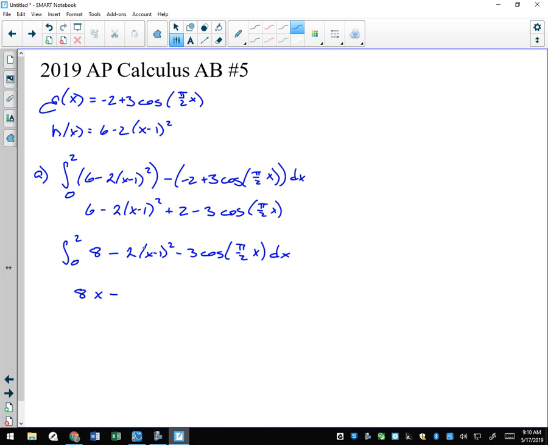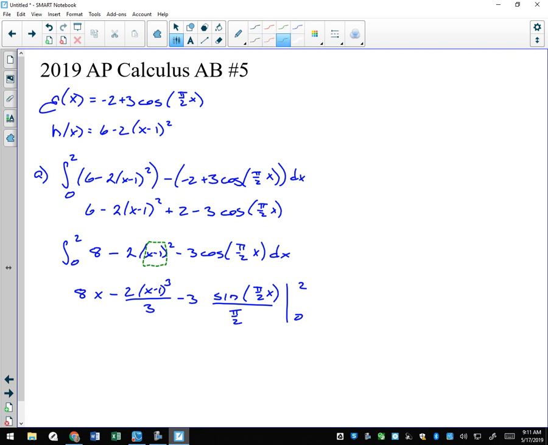This next piece is technically a u substitution where you would let u equal x minus 1, but if your du is 1, you can just kind of glaze over that and think of it like a power rule. So that's going to be -2 times (x minus 1) will add 1 to the old exponent divided by the new, minus 3. Cosine is the derivative of sine. And again, this one's technically a u sub, but this will end up being sine pi over 2 x divided by pi over 2. And then we'll evaluate that from 0 to 2.